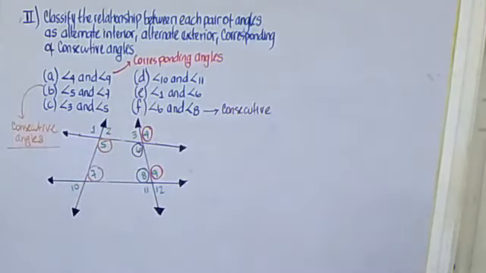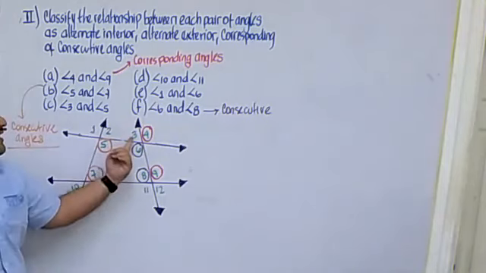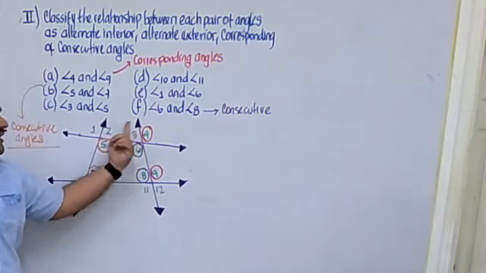Okay? Now, the angle 3 with the angle 5. Obviously, the number 3 is located in the upward part to the left side. And the angle 5 is located to the right side in the lower part.